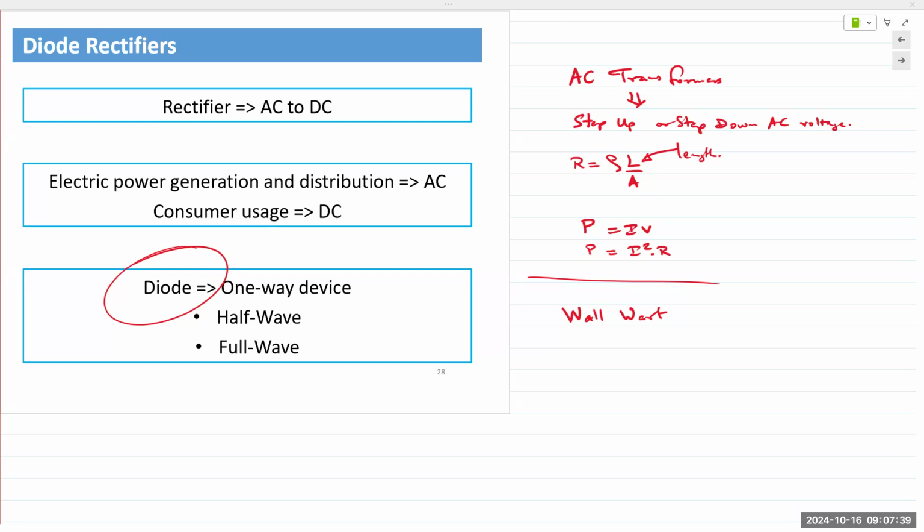Then they step down that DC to a lower level. And then they convert that one to AC using a high frequency transformer. And they convert it back into DC. And that's why we have our lightweight chargers that we plug into the wall, like the small cell phone chargers that we use. That's why they are so small and lightweight. It's because the size of the transformer is very tiny.